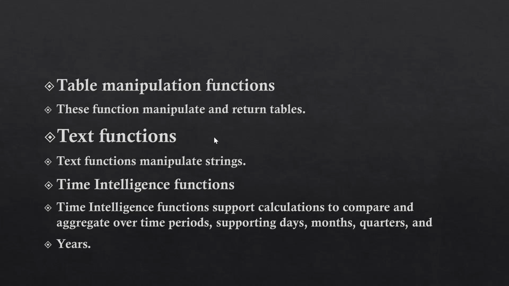Suppose I want to see the left three digits or the right four digits, that we can perform with text functions. And time intelligence functions work with time and dates: they support calculations to compare and aggregate over time periods, supporting days, months, quarters, and years as well.